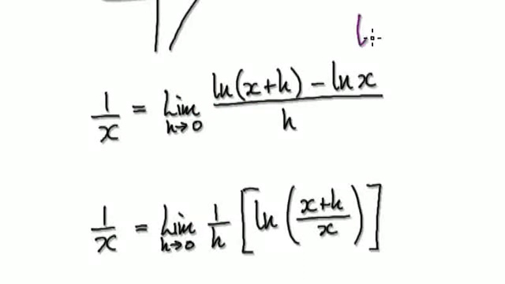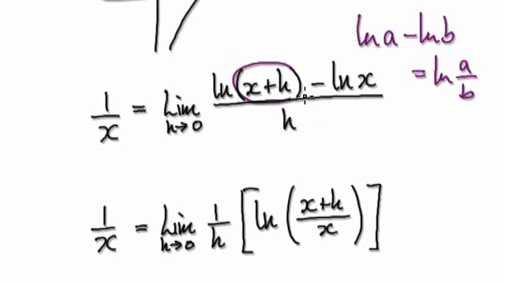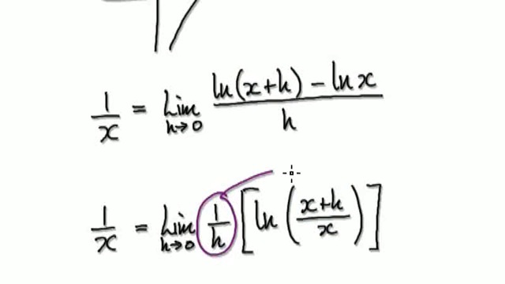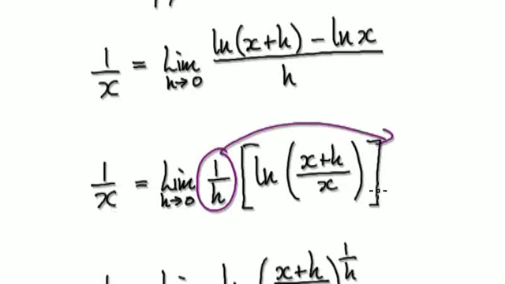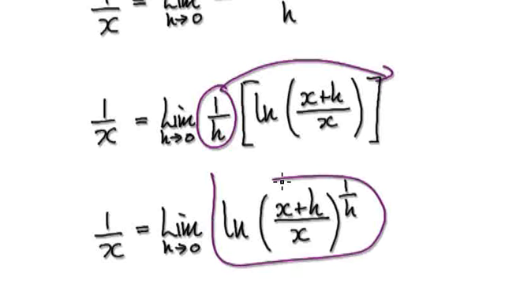And then remember, natural log of a minus natural log of b, that's the same as natural log of a over b. So here, this is one thing, take away another thing. So you can rewrite this as being your a here, and this is your b here. And then you can push this up here, so that would then give you this thing here.